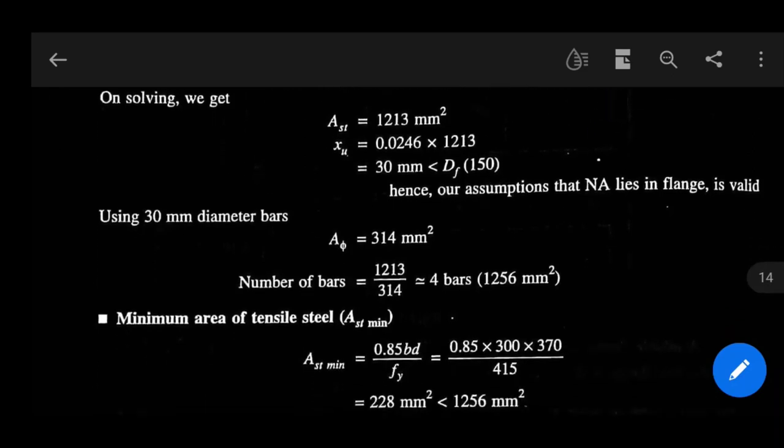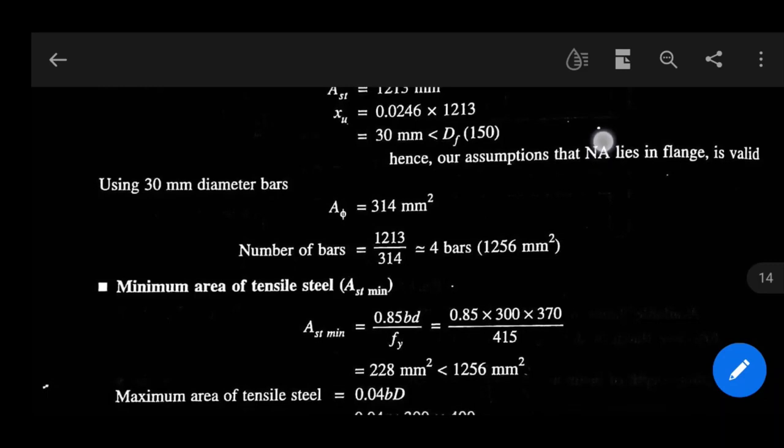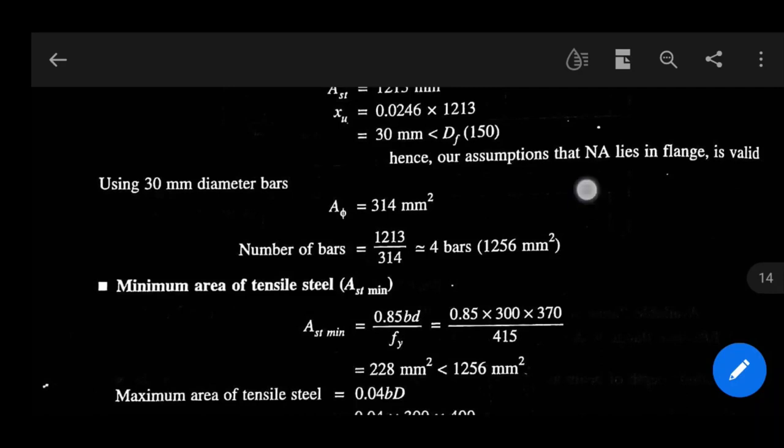Now minimum area of tensile steel AST minimum is equal to 0.85 BD by Fy, which is equal to 0.85 into 300, that is B, into 370, that is D, by 415, that is Fy, that is equal to 228 mm square, which is less than 1256 mm square. This is the minimum area of steel required, so hence the design is safe with respect to this.